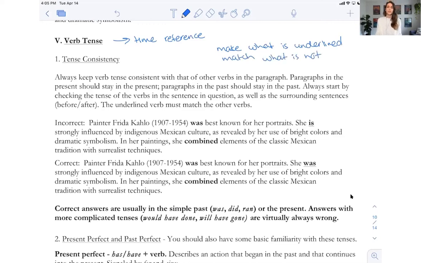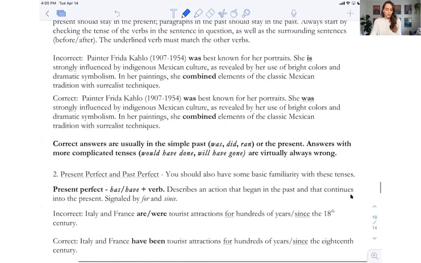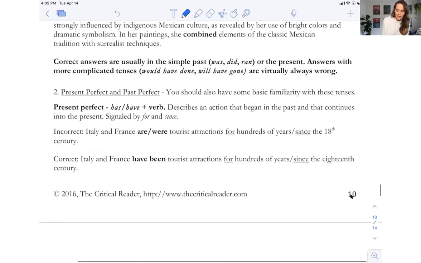So we're going to look for clues in that paragraph to see, do we need future tense, past tense, present tense? For present perfect and past perfect, present perfect is "has" or "have" plus the verb. That means an action started in the past and then continues into the present.